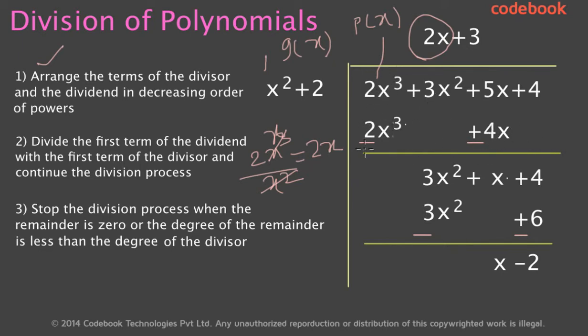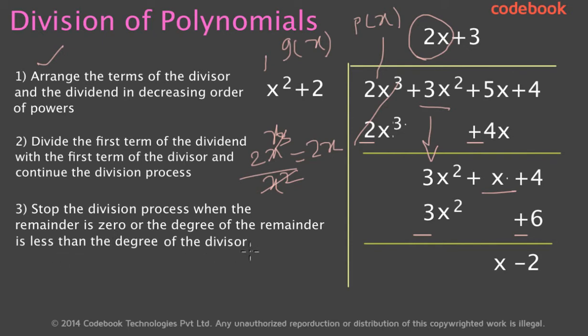We subtract, and 2x cubed cancels out. Over here you have 3x squared, so that just goes down straight as 3x squared, plus 5x minus 4x is x, and 4. So now you have a remainder, which is 3x squared plus x plus 4. You have to continue the division process until the degree of the remainder is less than the degree of the divisor, or the remainder becomes 0.